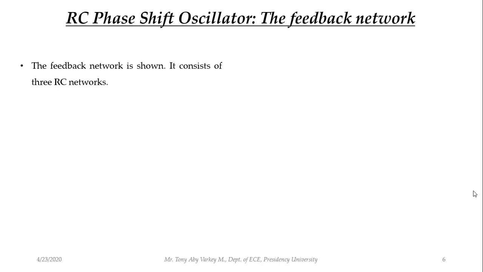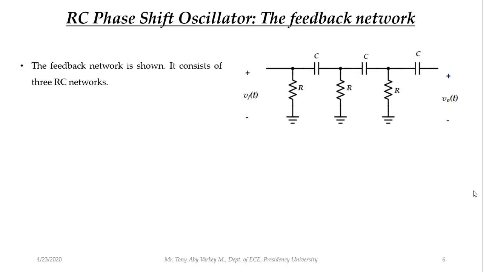So the feedback network is shown here. Correct. So this is the feedback network, three RC networks. I have drawn it separately. Here the output is coming from this side, and the voltage is fed back to the inverting terminal. So I'm just going to reverse it so that we know that the output voltage is actually the input to the feedback network, and this feedback voltage is the output of the feedback network.